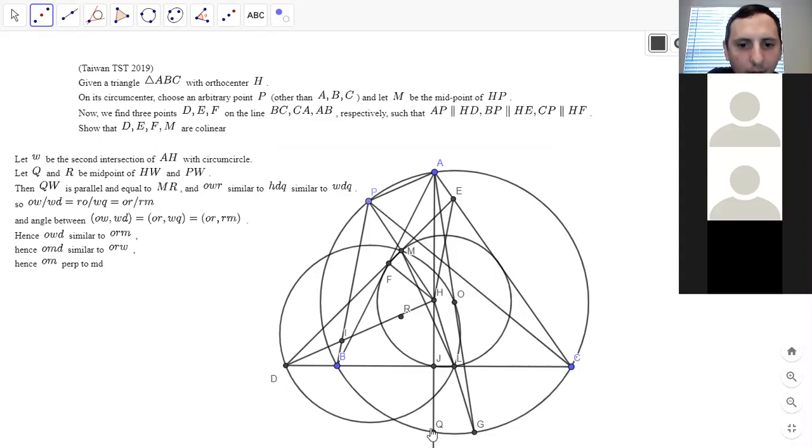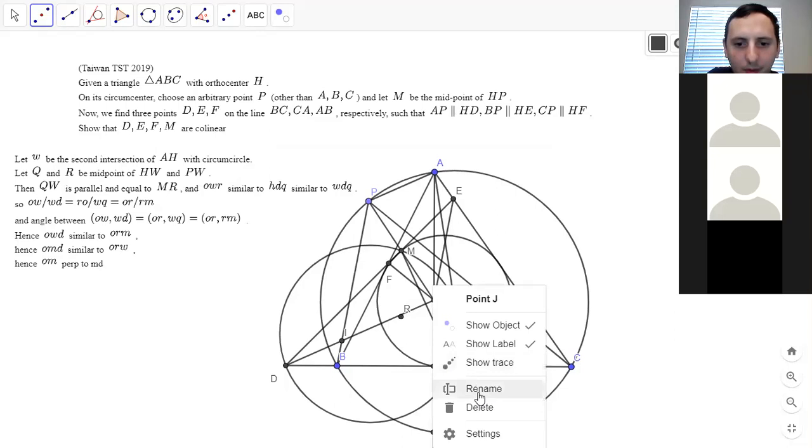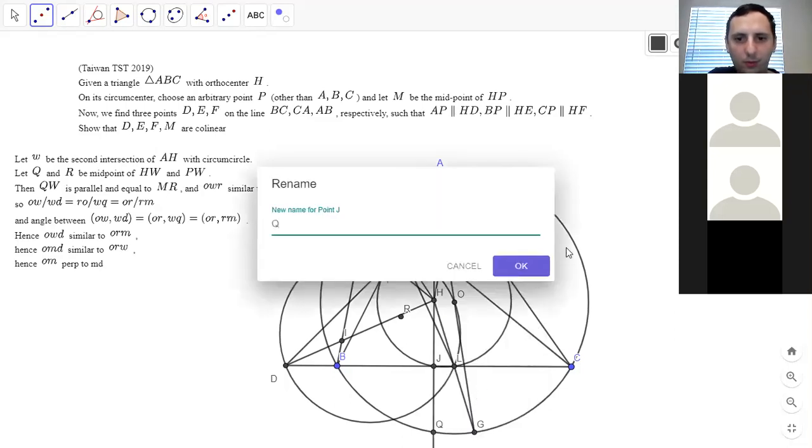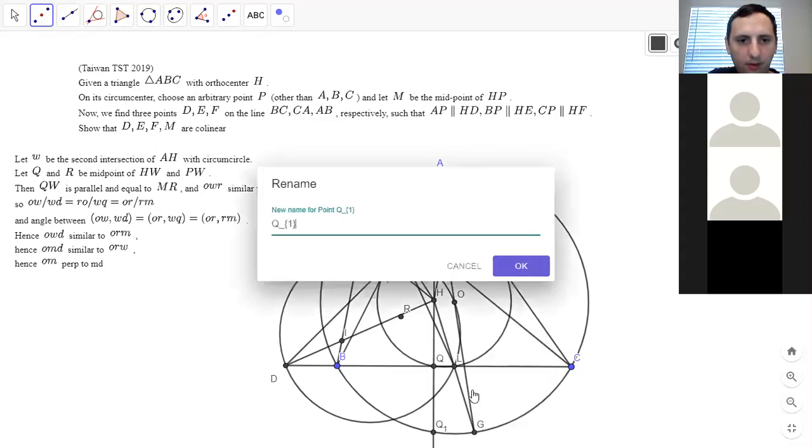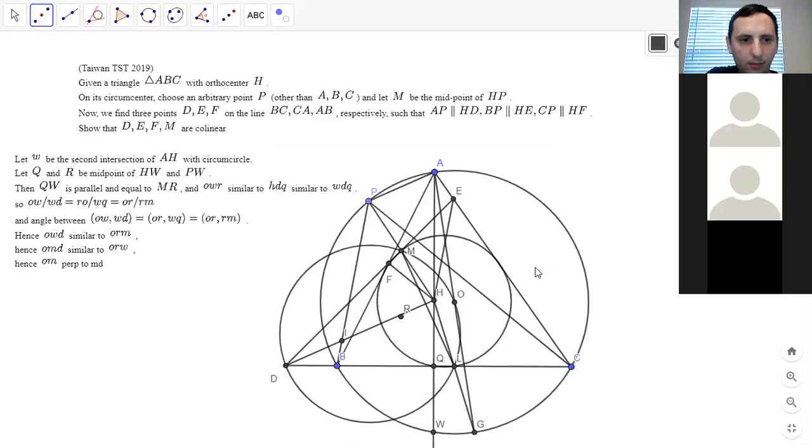No, this should have been W. Q is the midpoint, so this is Q and this should be W. And then we have QW is parallel and equal to MR.